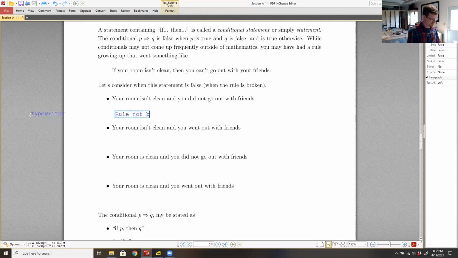And that's the same as saying that the statement is true. Is it true that if your room isn't clean, then you can't go out with your friends? Yes, because that's what you did. Your room wasn't clean and you did not go out with your friends.